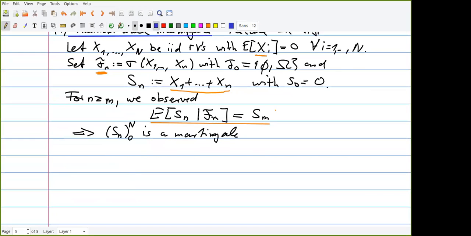And now, you can easily turn this martingale random walk into a sub or a super martingale.